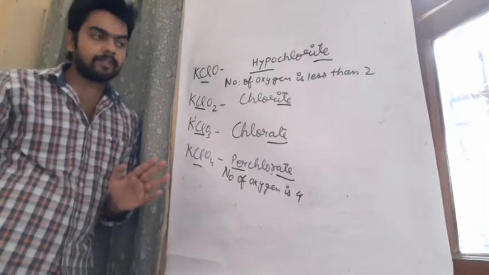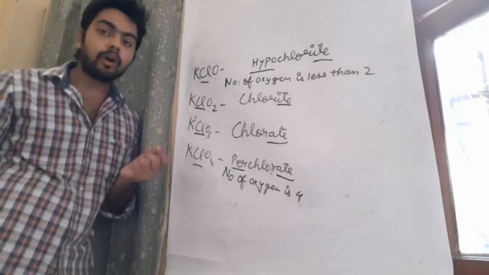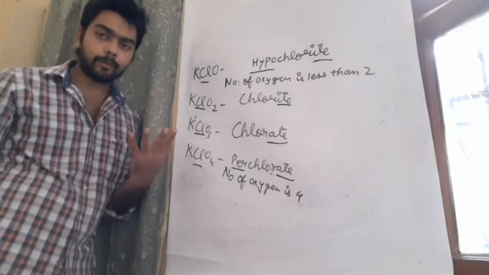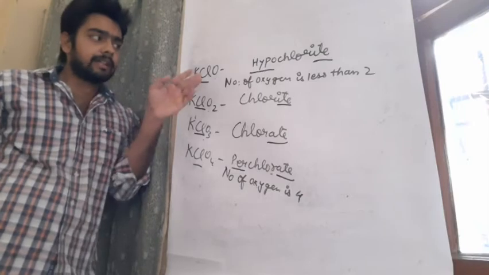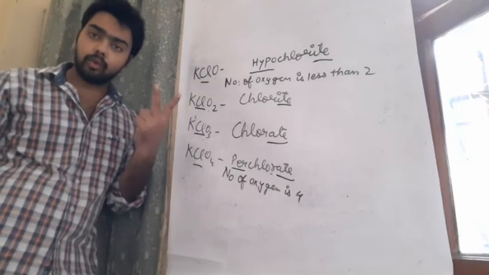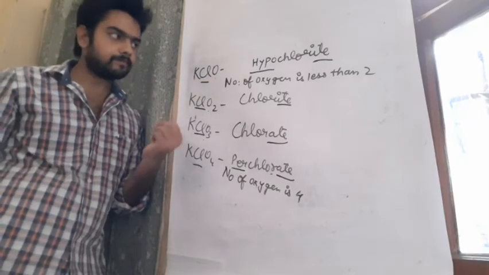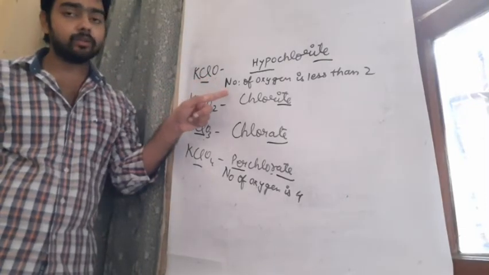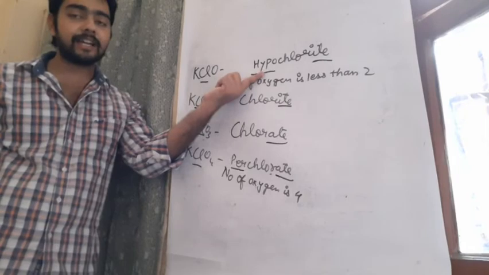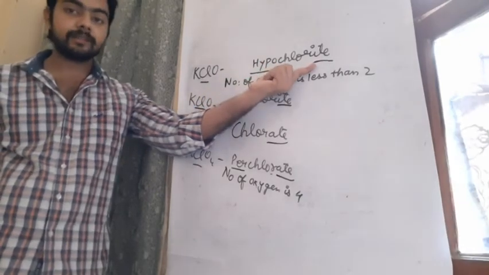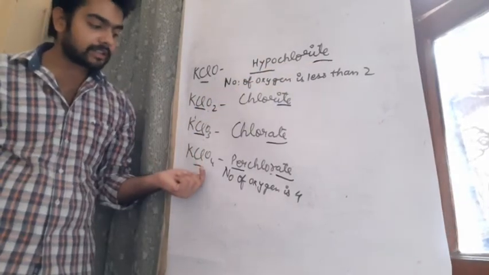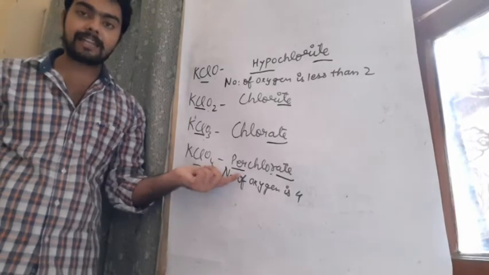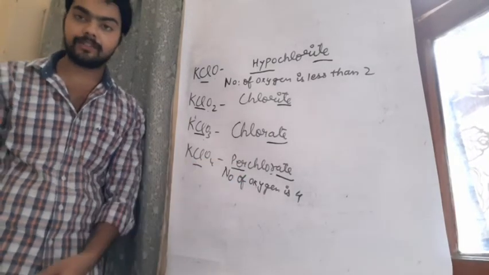After that, if we have halogen along with oxygen, then there are four possibilities. The oxygen may be 1, 2, 3 or 4. If the number of oxygen is less than 2, then prefix hypo is added along with ITE. And if the number of oxygen is 4, then per as prefix is added along with the suffix ATE.